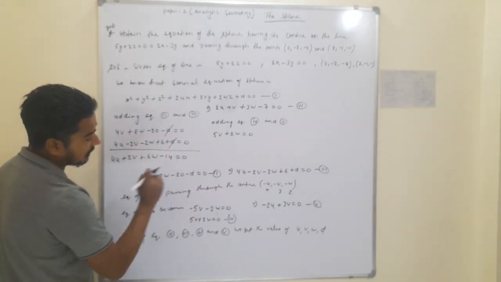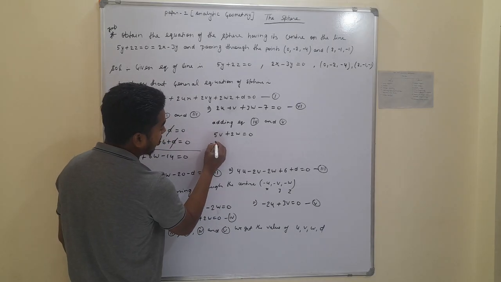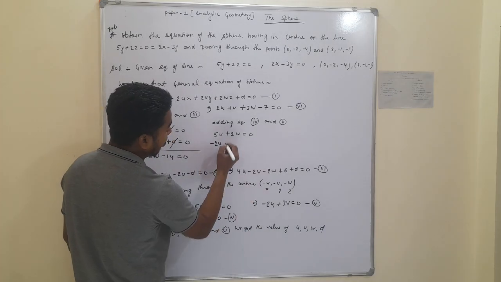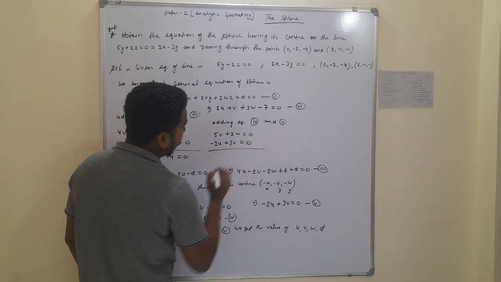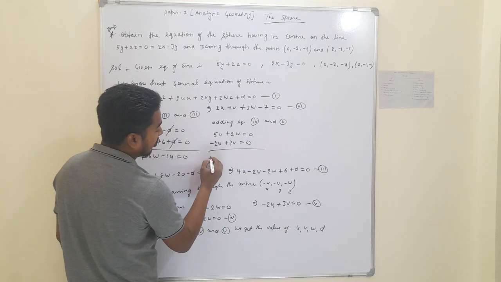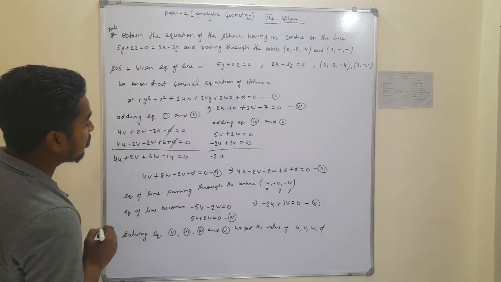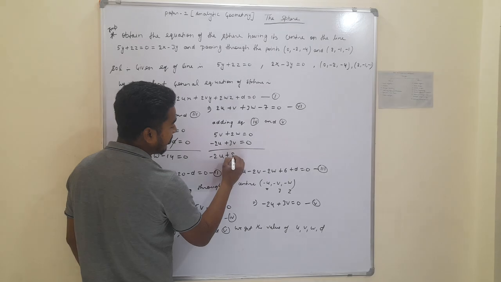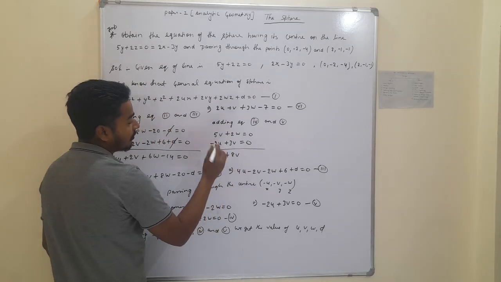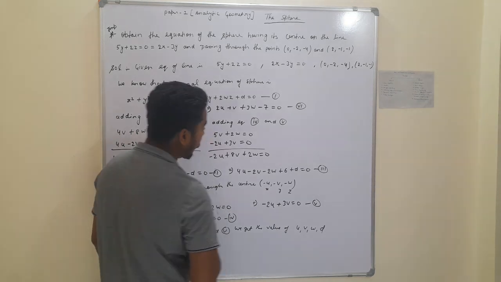and equation 5 is given by minus 2u plus 3v is equal to 0. Adding here, we get minus 2u and 5v plus 3v, this is 8v, and plus 2w is equal to 0.